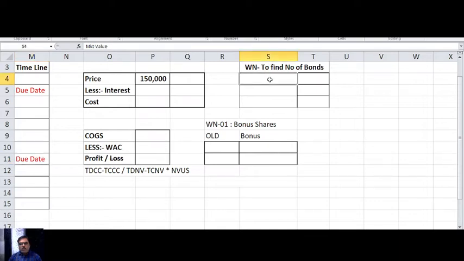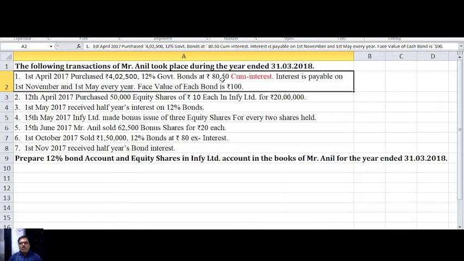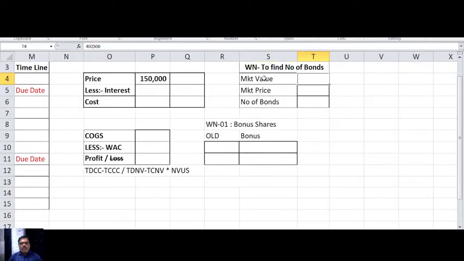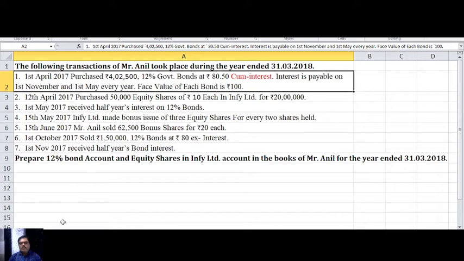We have to find out the number of bonds. What is the market value of bond? The market value is 4,02,500. Then what is the market price? The market price is 81 rupees.